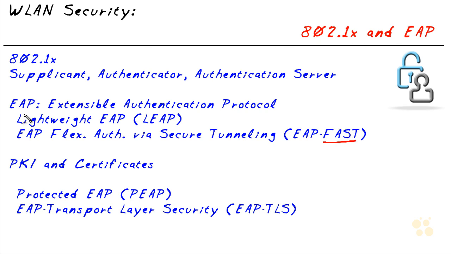So these top 2 options do not require installed digital certificates in order for them to function. Now, the reason I mentioned the certificates is because these 2 options right here, they do involve digital certificates. And to really appreciate the magic of how a digital certificate operates, I'd like to take just a moment and chat with you about the public key infrastructure and certificates in general.